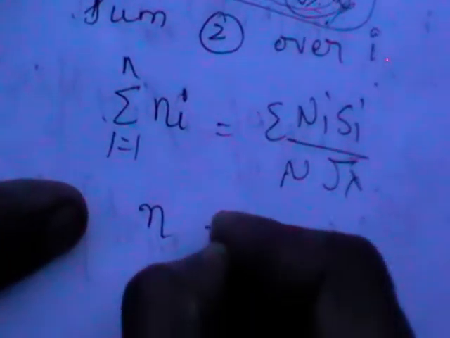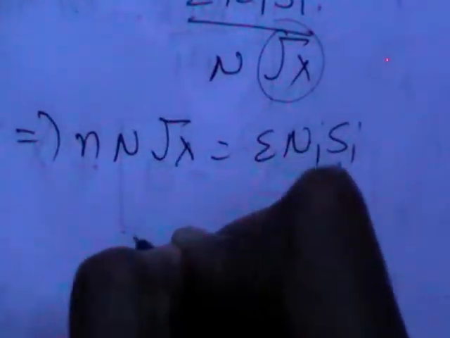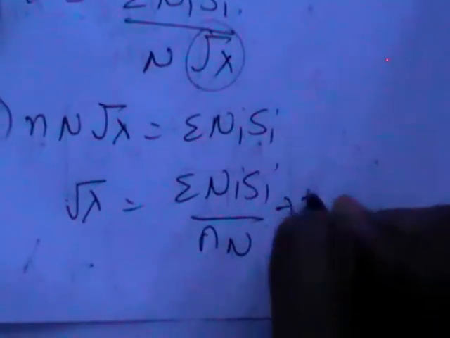So in place of sigma small ni, you can substitute n. n is equal to sigma NiSi by n root lambda. So you are going to find lambda here. n root lambda is equal to sigma NiSi. From this, root lambda will be sigma NiSi by n. Let us take this as equation number 3.